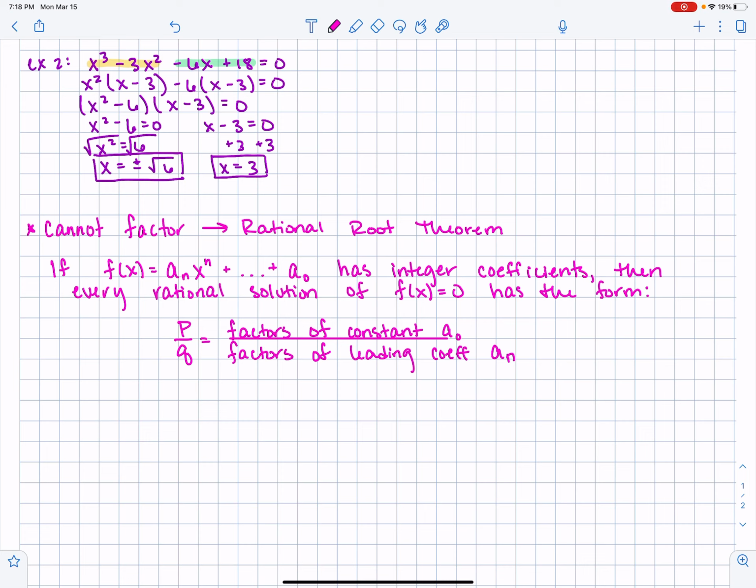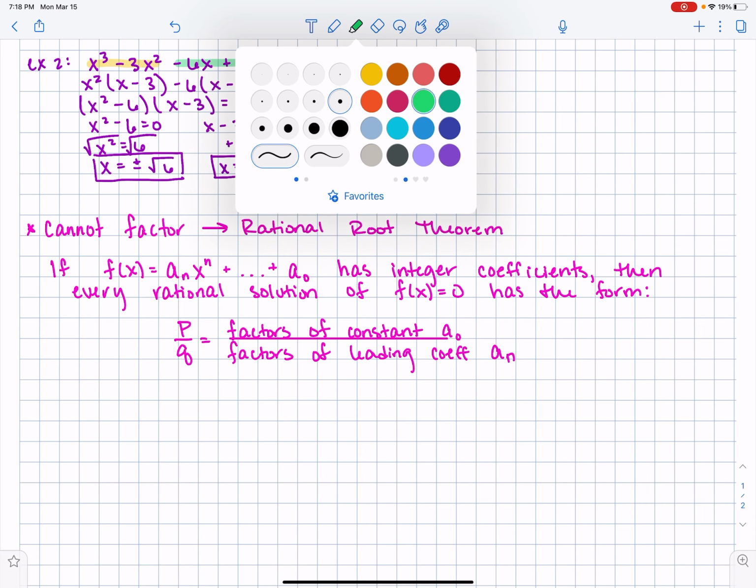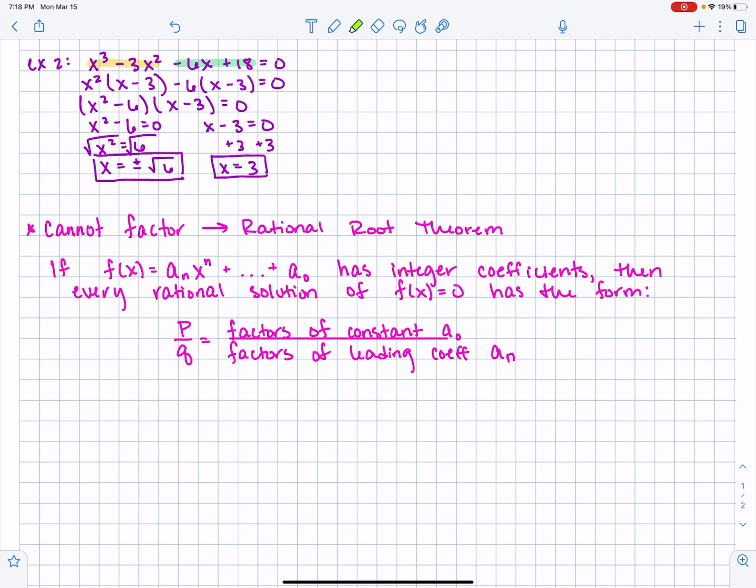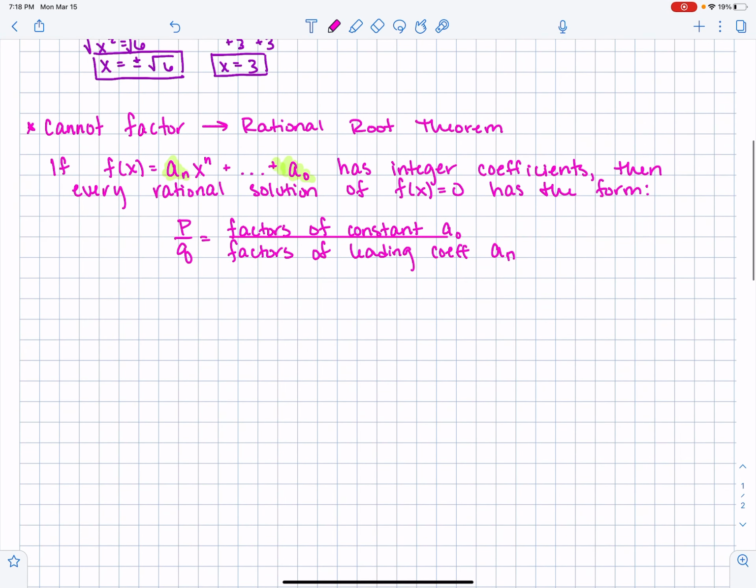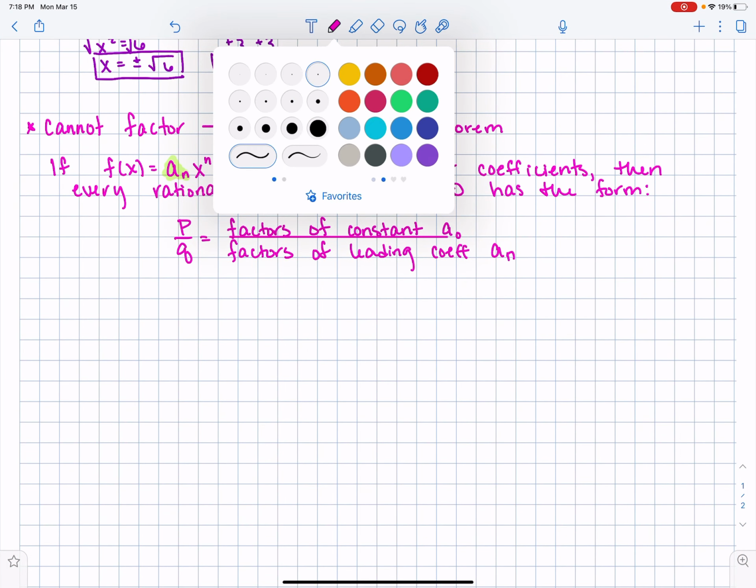What we're basically saying is that if you have rational solutions for your polynomial, then they're going to have factors of your constant on the top, p, over factors of your leading coefficient on the bottom. So looking at an example, let's choose this blue.